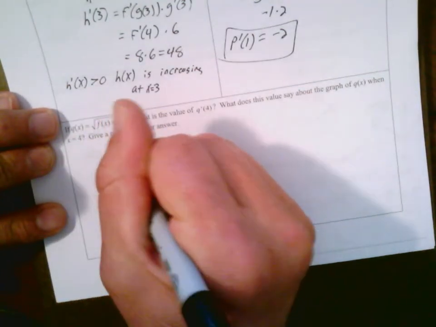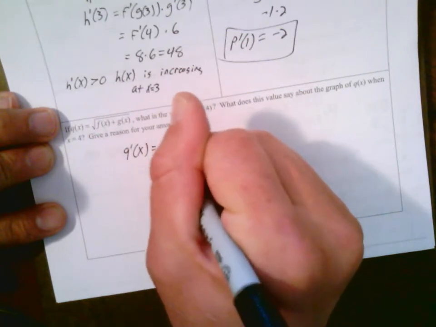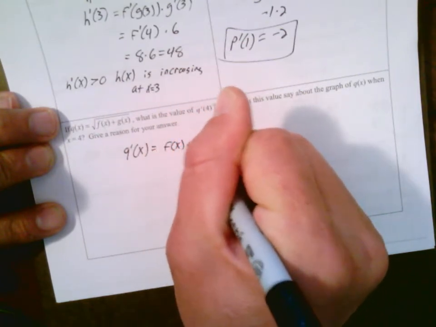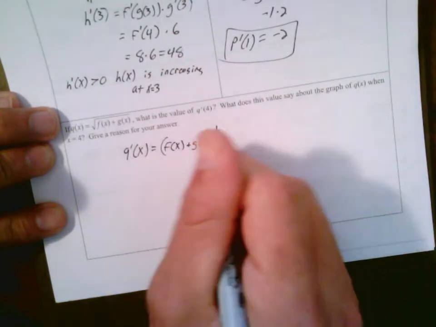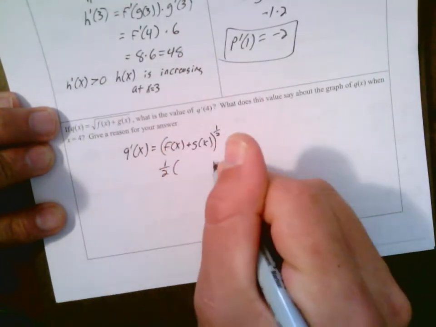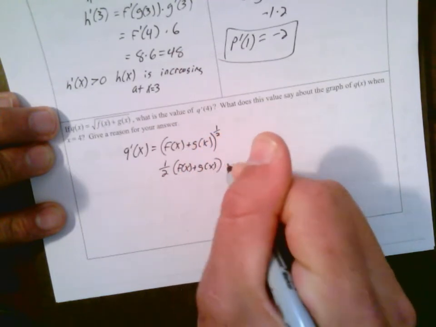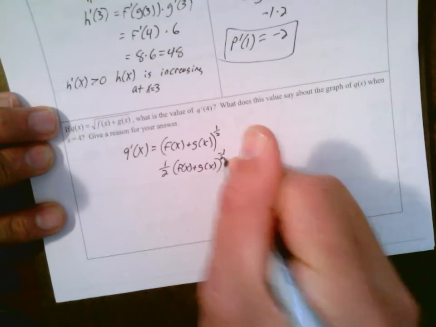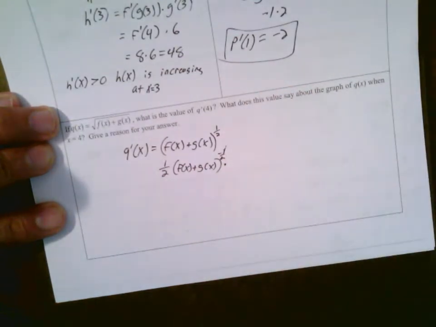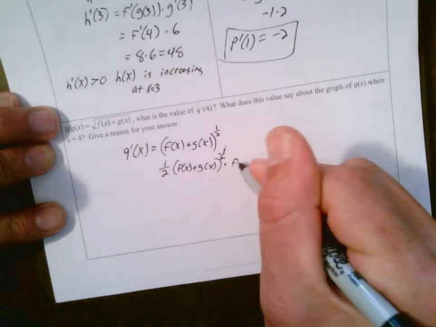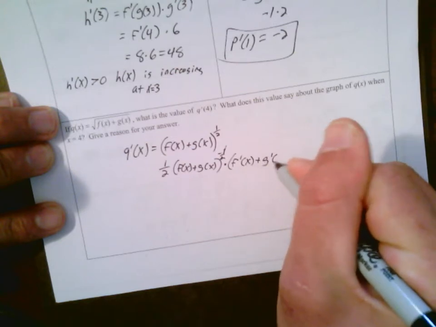So q prime of x equals f of x plus g of x, all raised to the 1/2. So bring 1/2 out front, f of x plus g of x to the negative 1/2. That's a 1. And then we multiply it by the derivative of the inside, which is f prime of x plus g prime of x.